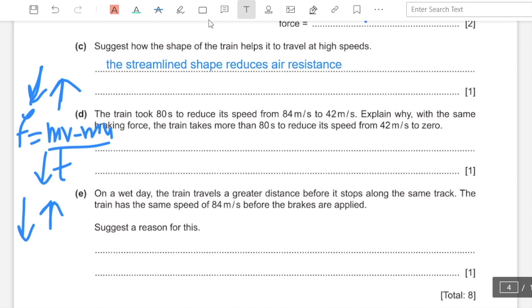So the answer is: less air resistance for slower speed means greater time to stop.